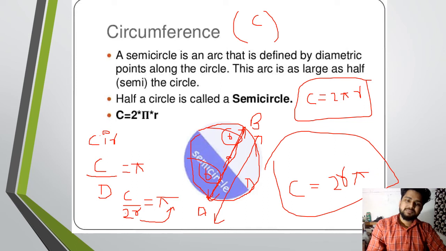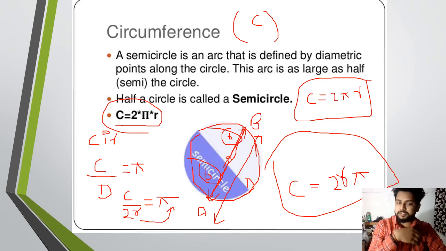Here's the formula: 2 pi r. What's the circumference of a circle? 2 pi r. You can repeat this 5 to 10 times and you will easily remember it. This is so common, 2 pi r.